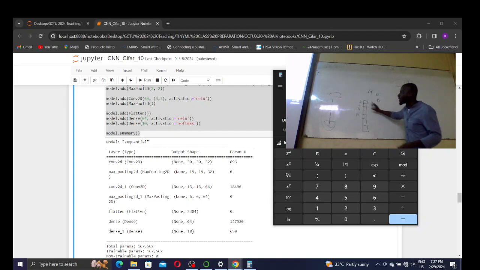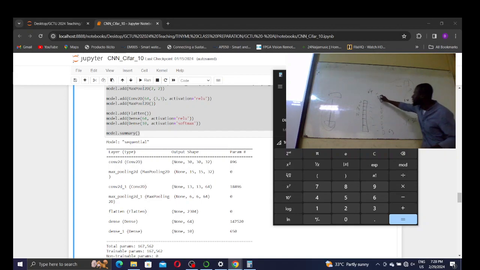Now you feed this into your dense layer, neurons 0 to 63. So I'm looking for the weights and biases here. Each neuron has one bias, so there are 64 biases.